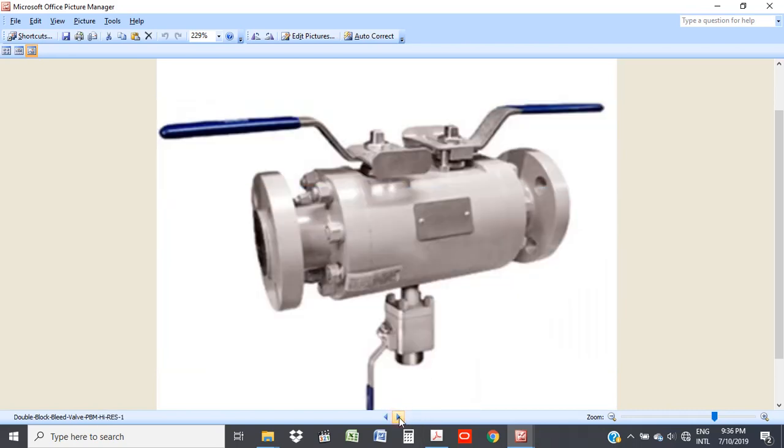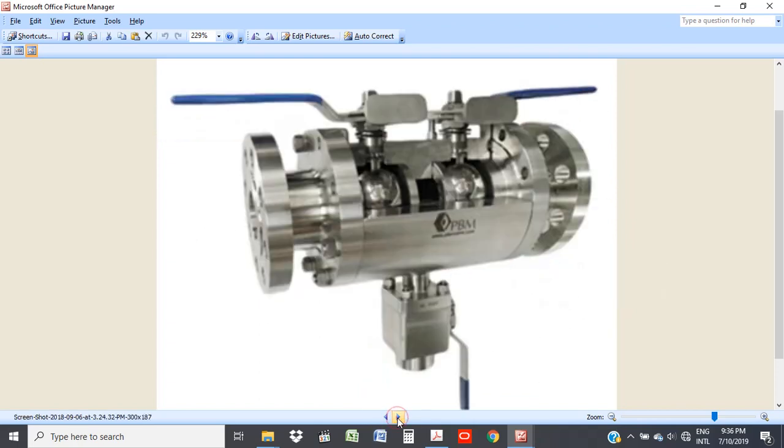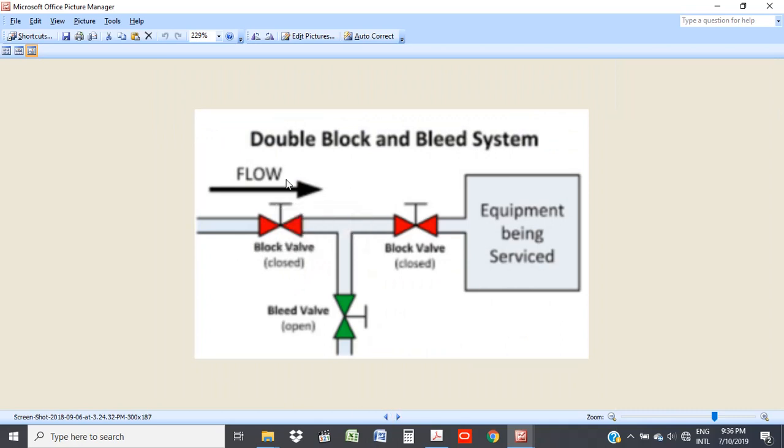So it's an arrangement of three valves. There's one on the left and one on the right, one where flow is coming from and one where flow is going to, and when you close the two of them, it allows you to bleed whatever is left in the pipe in between.